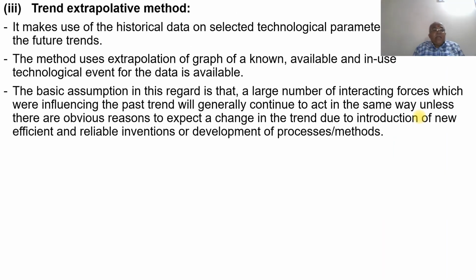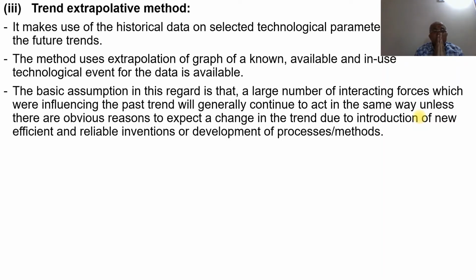Now the last one is the trend extrapolative method. It makes use of historical data on selected technological parameters for projecting future trends. Once you have the historical data on selected technological parameters, it provides a projection for future trends.